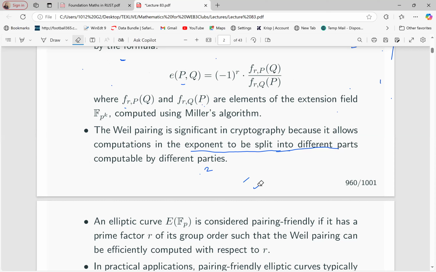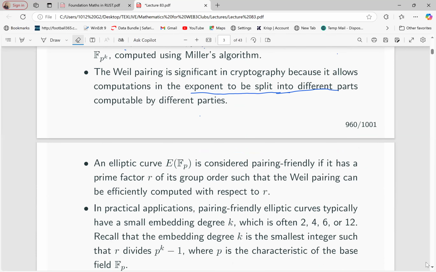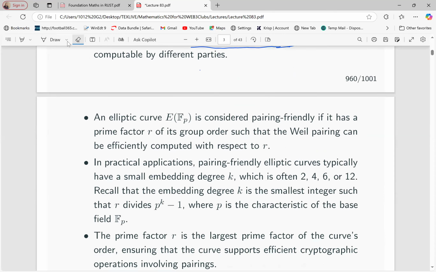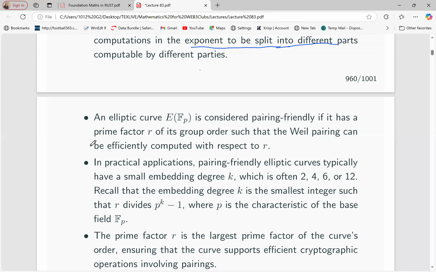Now, another point we mentioned last time is that Weil pairing is not done on every elliptic curve. The elliptic curve on which we can perform Weil pairing should be pairing friendly. Now, the question is, what are pairing friendly elliptic curves?